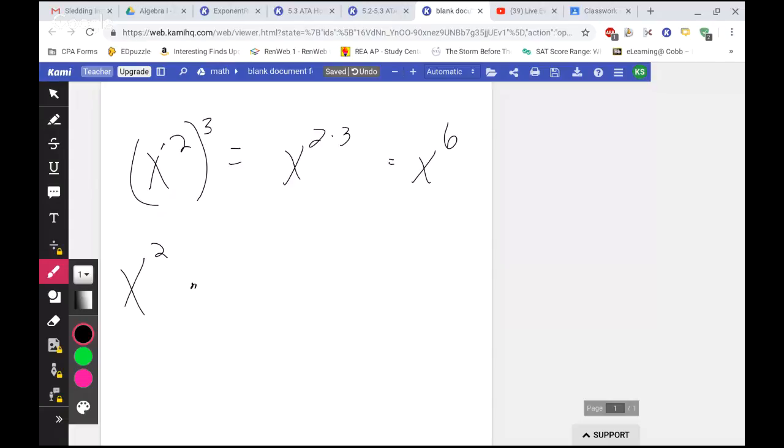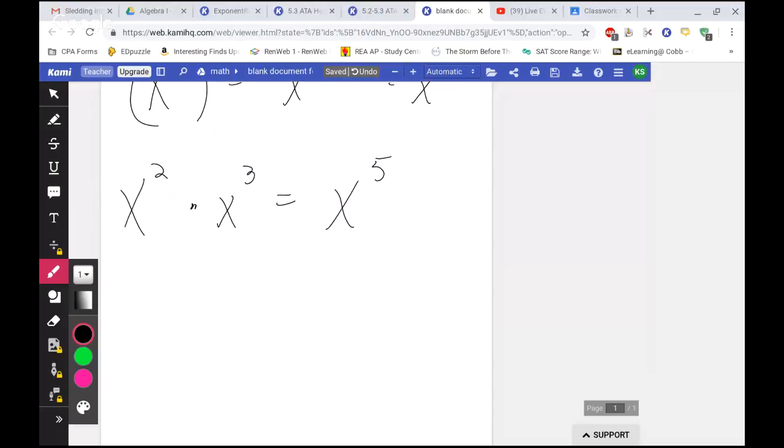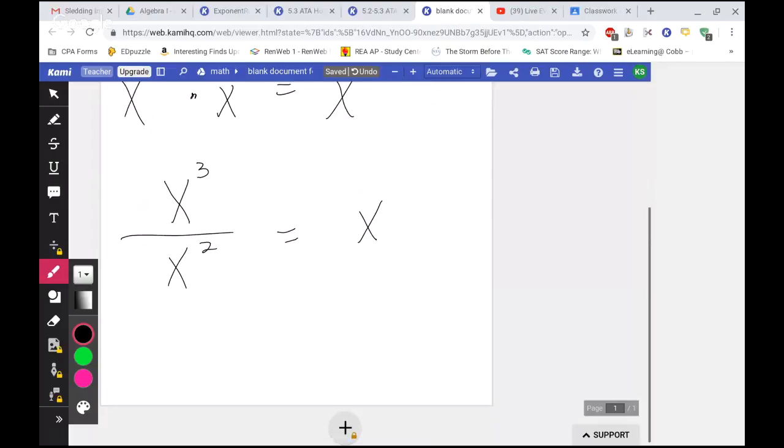If it's the same base and they're being multiplied, you add the exponents. If it's being divided, you subtract them. If the result is positive, then it stays on top, in the numerator.